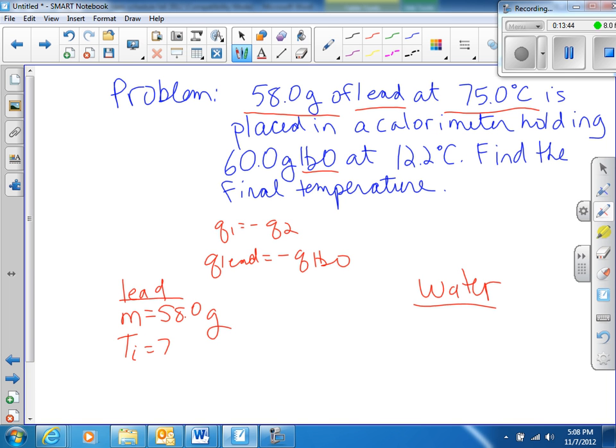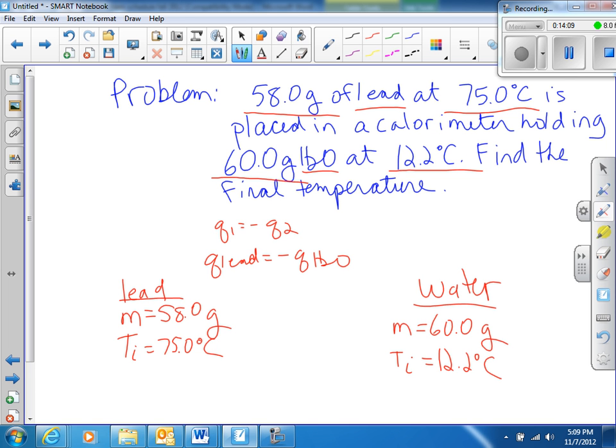Initial. 75 degrees Celsius. We've got 60 grams of water. The water's at 12.2 degrees Celsius. Initial or final? Initial. And what's the grams? The mass. Okay.